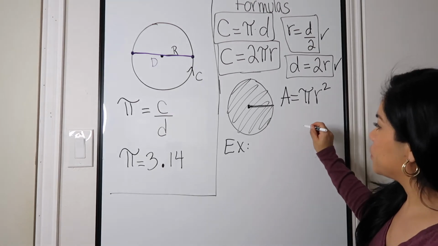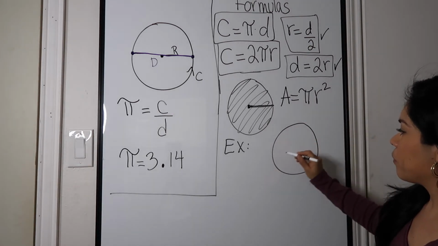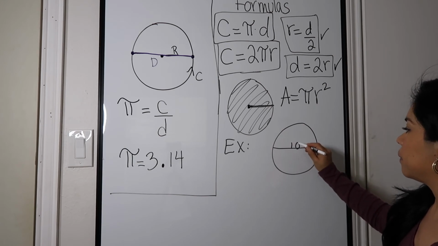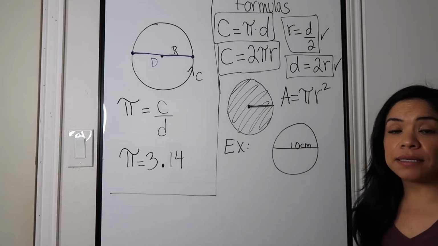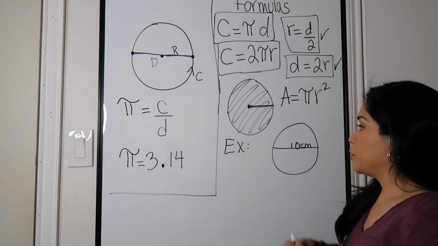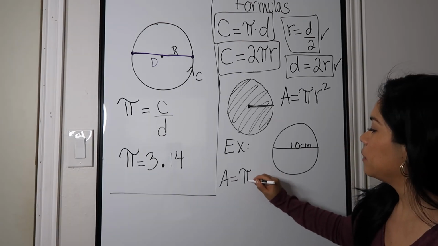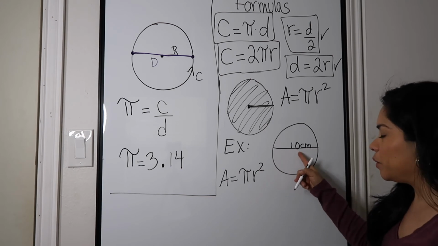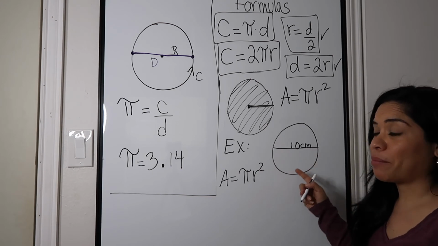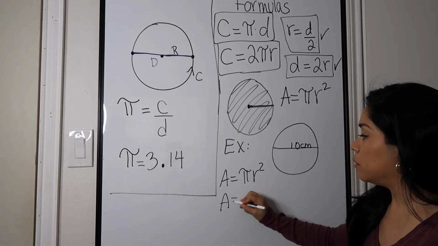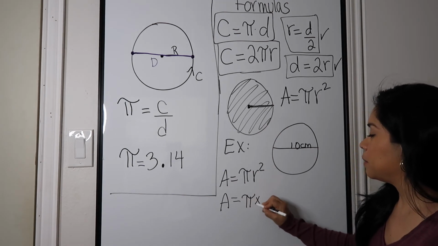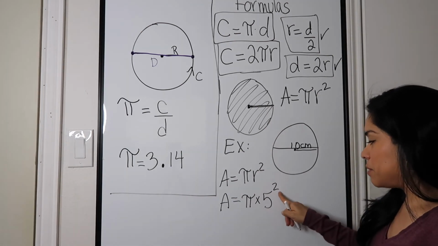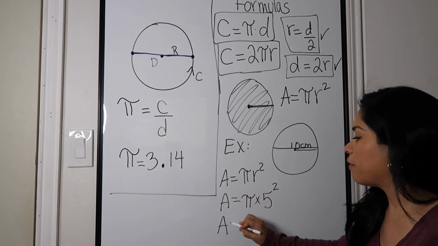Let's say we have a circle with the diameter of 10 centimeters. He's asking us to find the area of the circle. So A equals pi times radius squared. We have the diameter, but we know the radius is half of the diameter. So A equals pi times 5 squared. 5 times 5 will be 25.